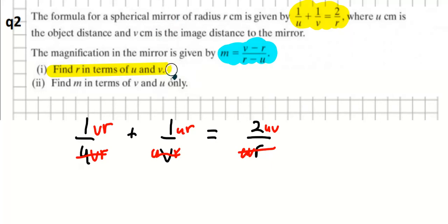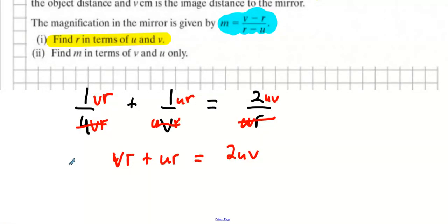Now, what we're going to do is I need to isolate R on its own. How many R's do you see? 2. Okay. So it's going to be VR plus UR equals 2UV. Okay, how do I turn 2 R's into 1? Take out R, and what's left over?